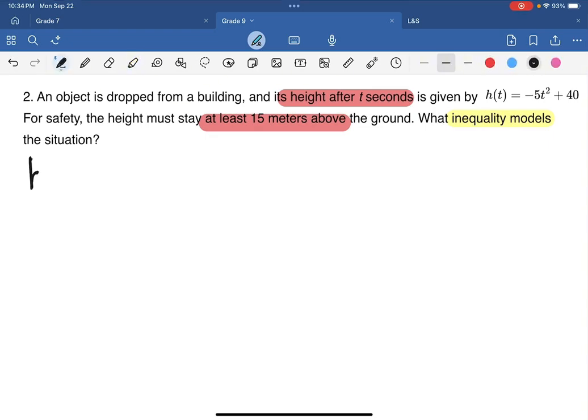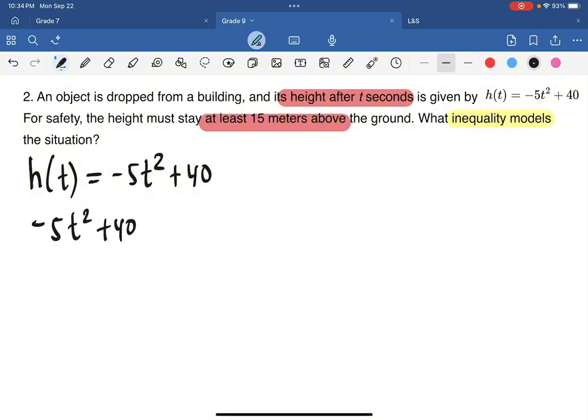Let's rewrite. We have h of t is equal to negative 5t squared plus 40. Again, we are going to rewrite this as negative 5t squared plus 40 because we need to satisfy the given problem, in which this expression should be at least 15 meters above the ground.